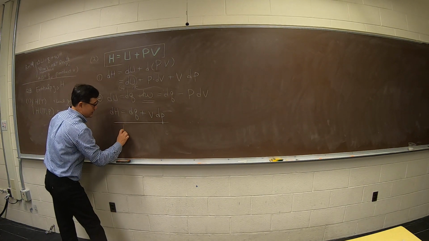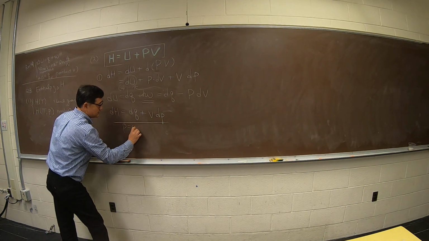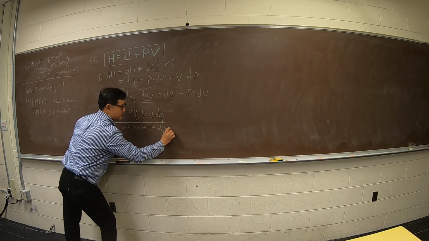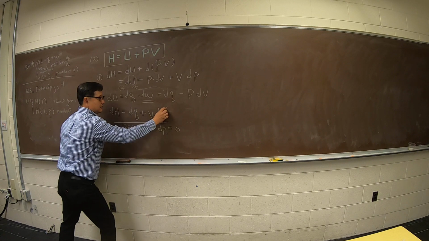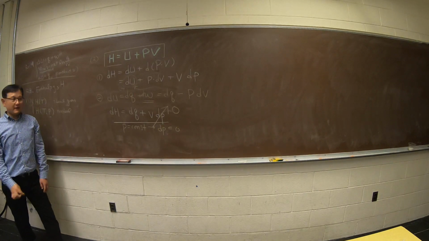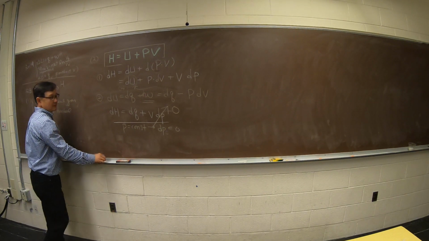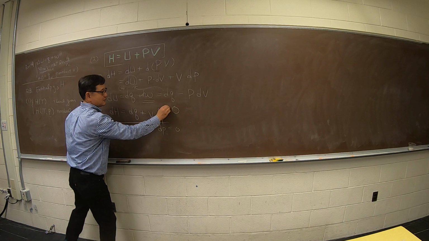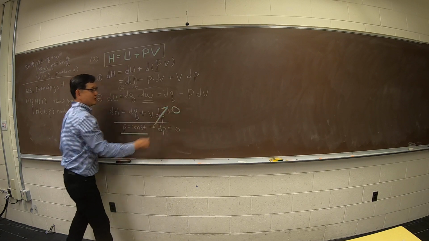Now when P is constant, it means the pressure change is 0. So with pressure constant, dP is 0. I have one last operation to do.